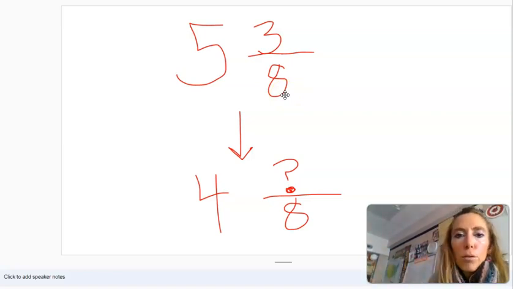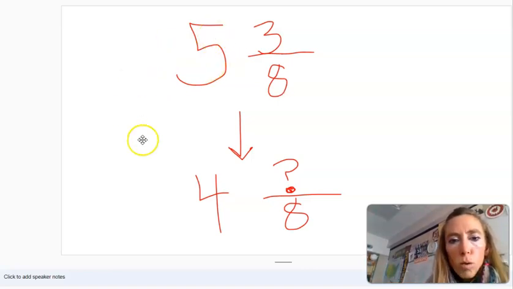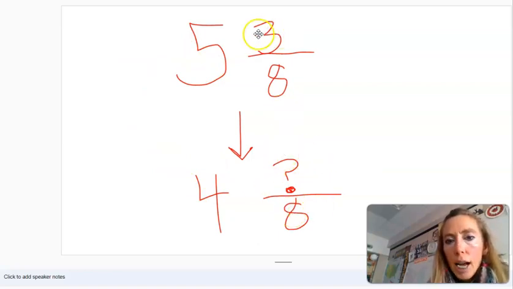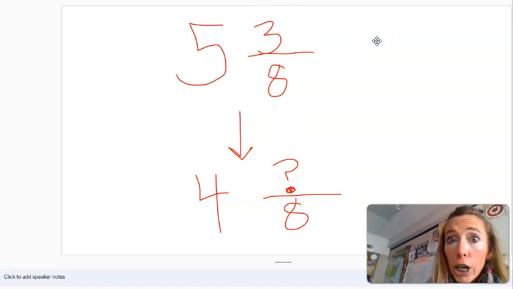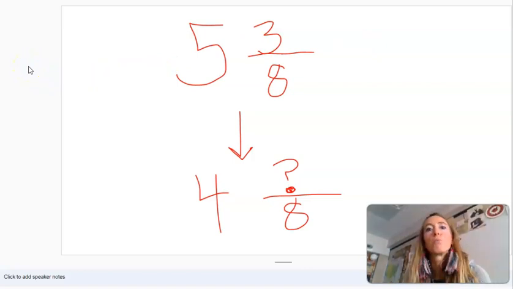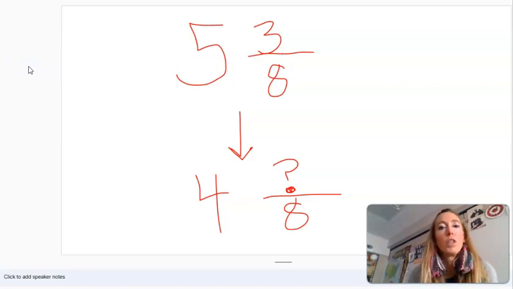You're going to have to regroup. So my 5, I take 1 away, it becomes 4. I'm working in eighths. Now my numerator is not going to be 3. Hopefully it becomes bigger, because that's the whole point. Okay? All right, go forth and practice doing that so that you're prepared for those spicier problems when you're subtracting.